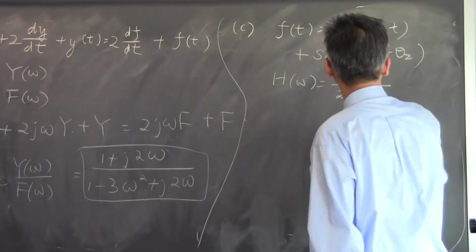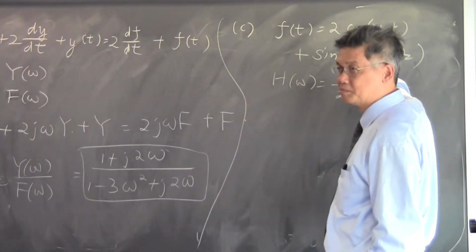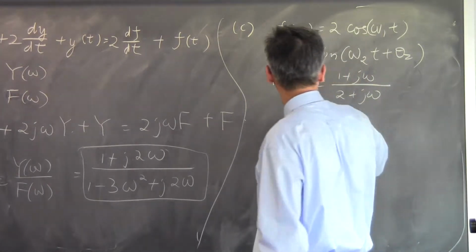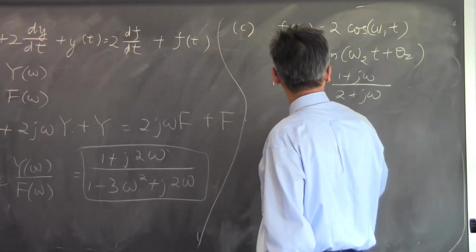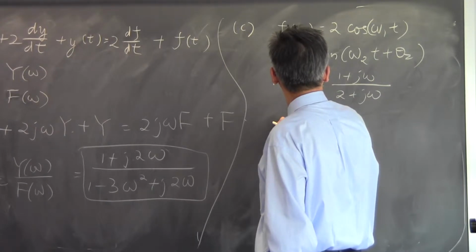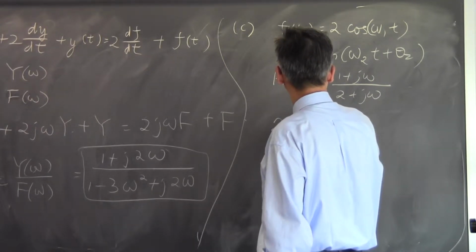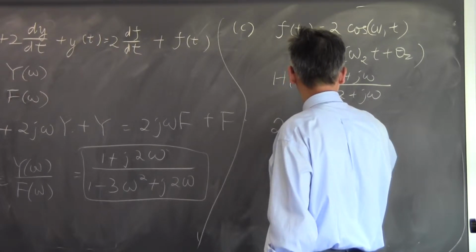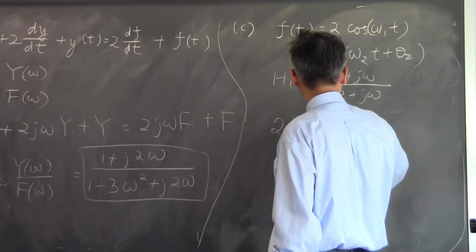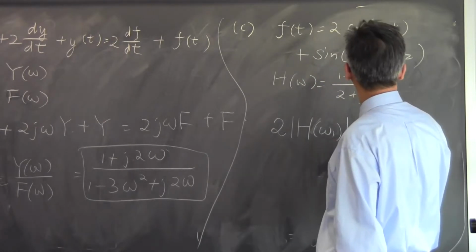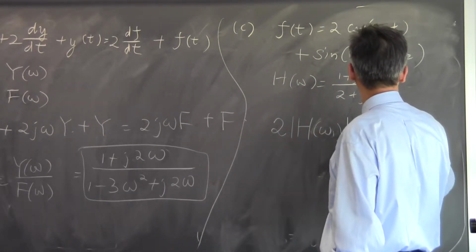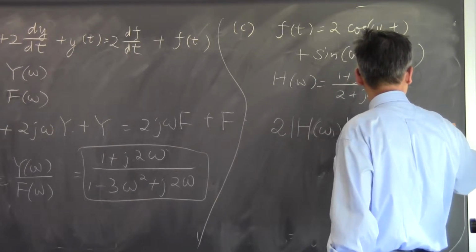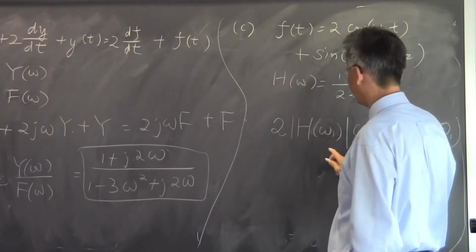Okay? If I were just to put this term through the linear time invariant system, what is the response to the first term? It would be 2, the magnitude of H of omega 1, and frequency 1, very good. Okay? And then cosine of omega 1 t plus the angle that I have to add.